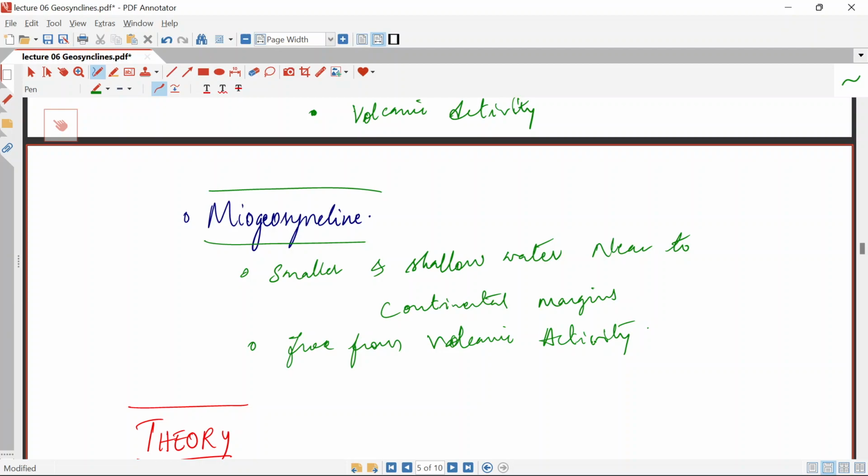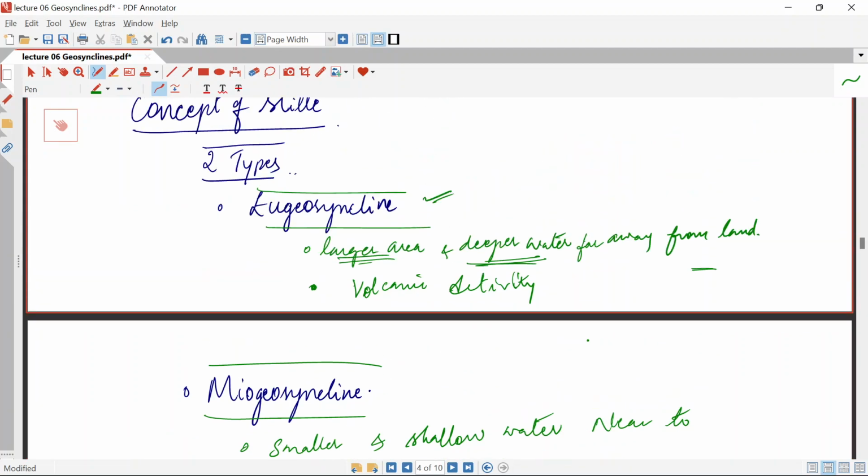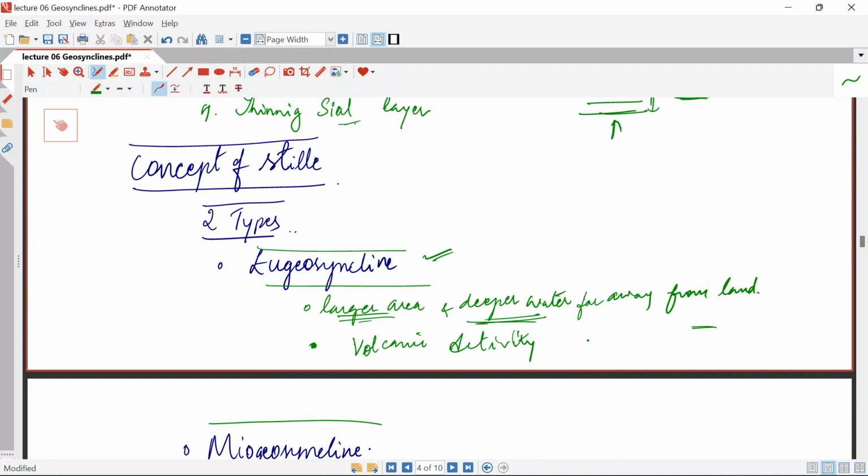And if I can explain it to you with the help of a diagram, so let's see. I'll try my level best for this. So this is the sedimentation, and this is the sedimentation present here.